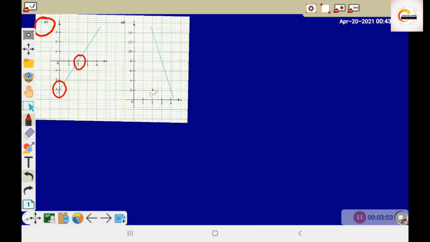So let's make a right angle triangle at this point, okay, and this point will be O. We will find the coordinate of this O as 2, -3.